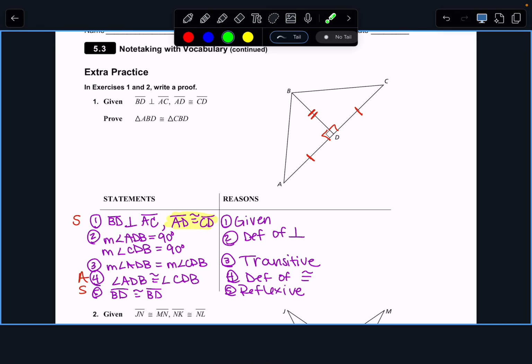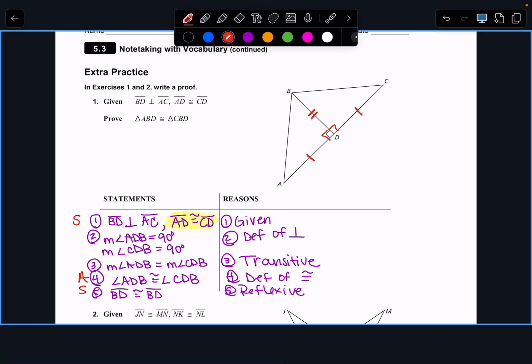It doesn't matter the order in which we attack the certain things. If I did this BD congruent to BD second, that would have been fine. We can see SAS right here. It just matters the order in our picture, okay?